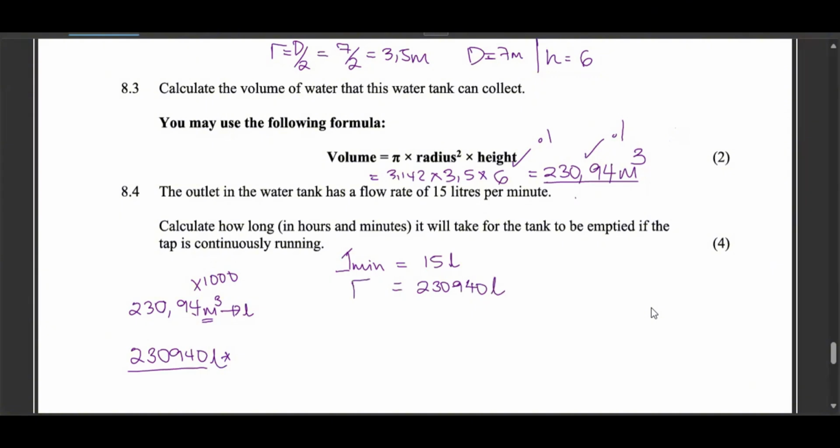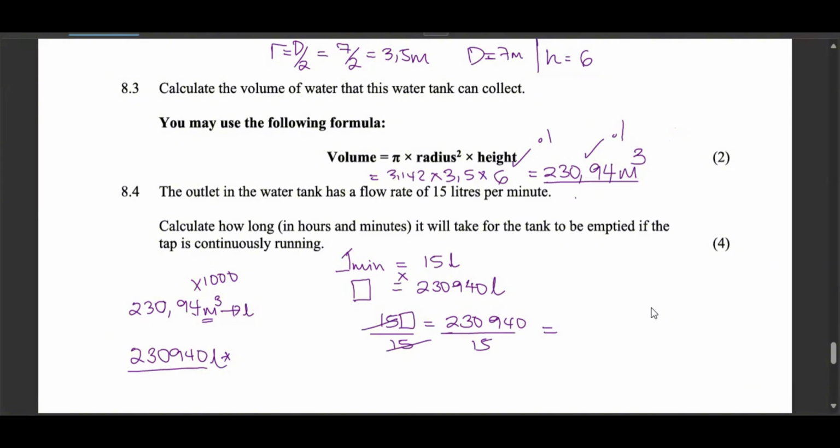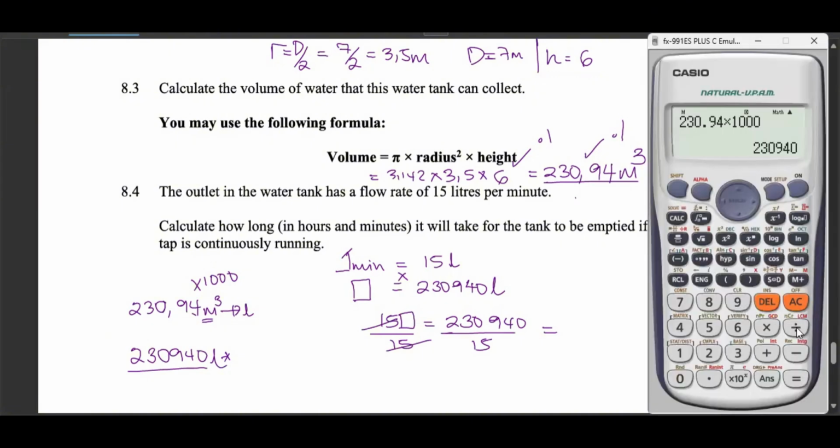So we ask ourselves how many minutes shall we use? So we cross multiply. So it becomes 15 times unknown equals 230,940. Because we're looking for this unknown, we divide through by 15. The unknown was on the side of minutes. So the answer you get here will be minutes. We come here. Let's divide by 15.